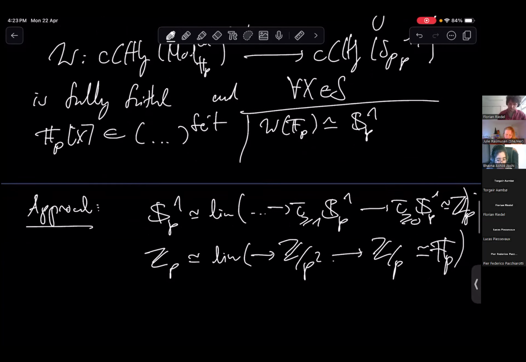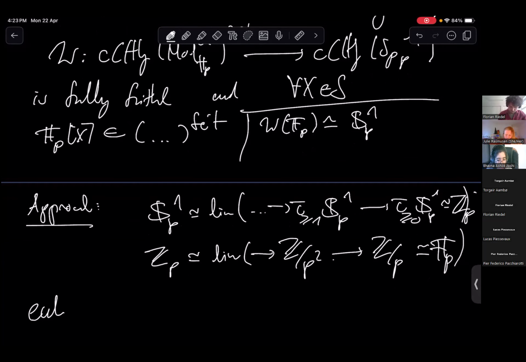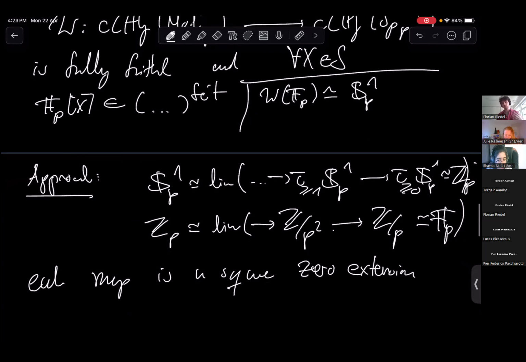And so each map in this limit tower is a square zero extension. And this means we can use deformation theory. Deformation theory, in some sense, is just a theory of how to lift things against square zero extensions.